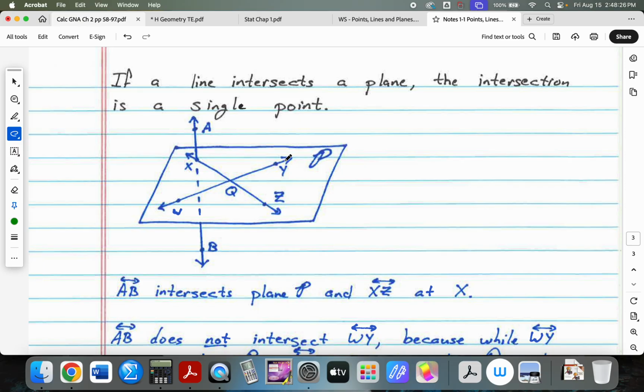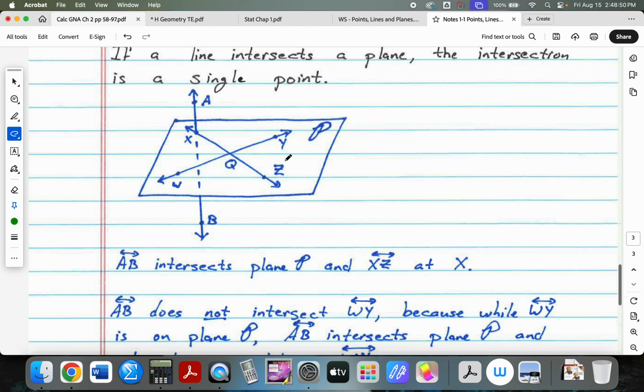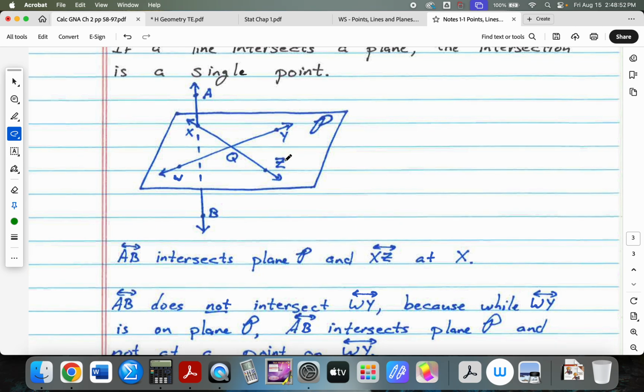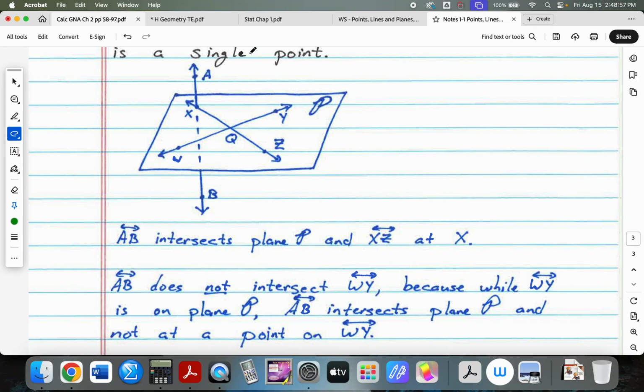Okay? One of the things you have to get used to, and fortunately we don't get to 3 dimensions a lot until later on, but one of the things you have to get used to is how to illustrate 3D things in 2 dimensions. And one of the ways is with hidden lines like that. So if you're asked to explain why, you can say because WY is on plane P, and where AB intersects plane P is not on WY.